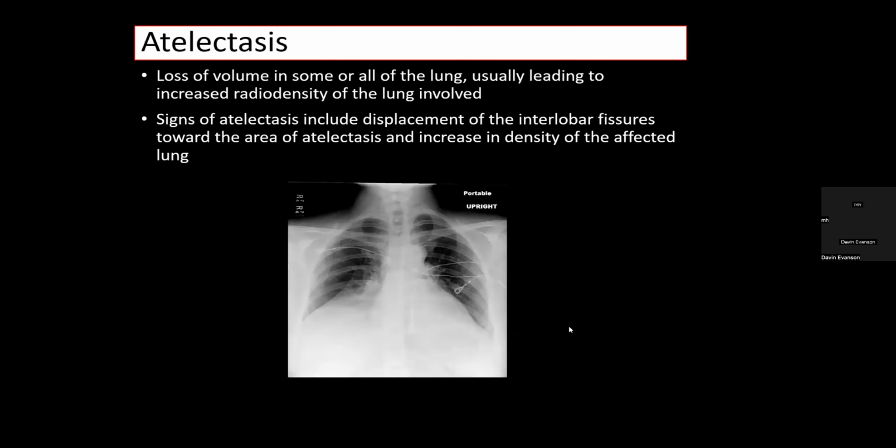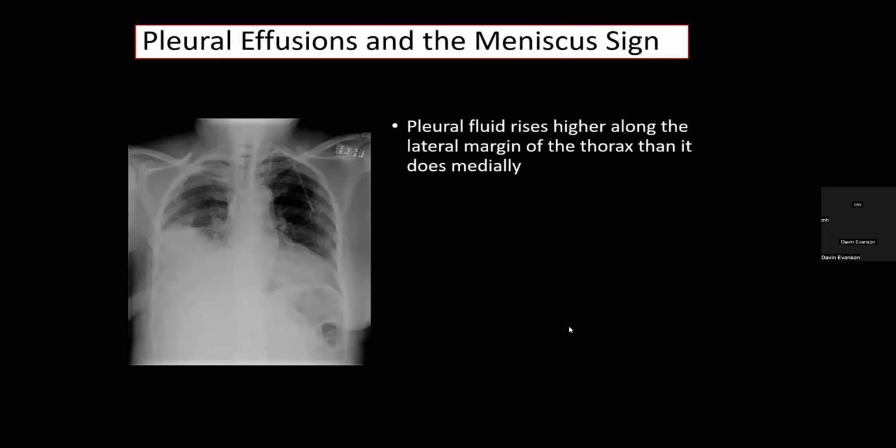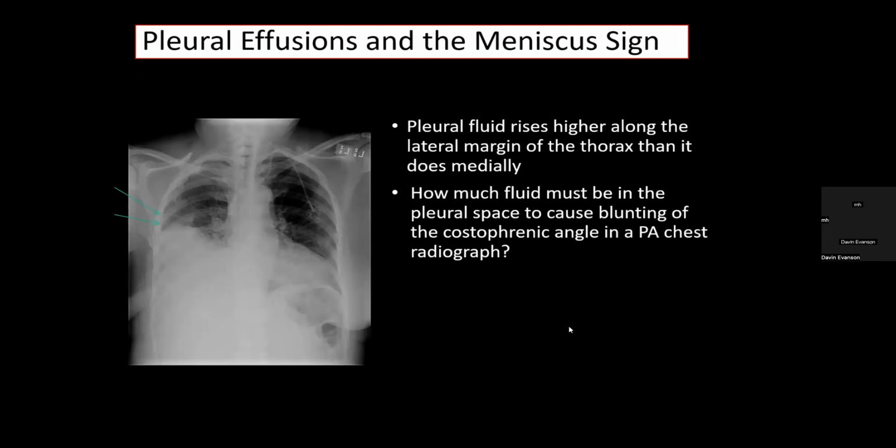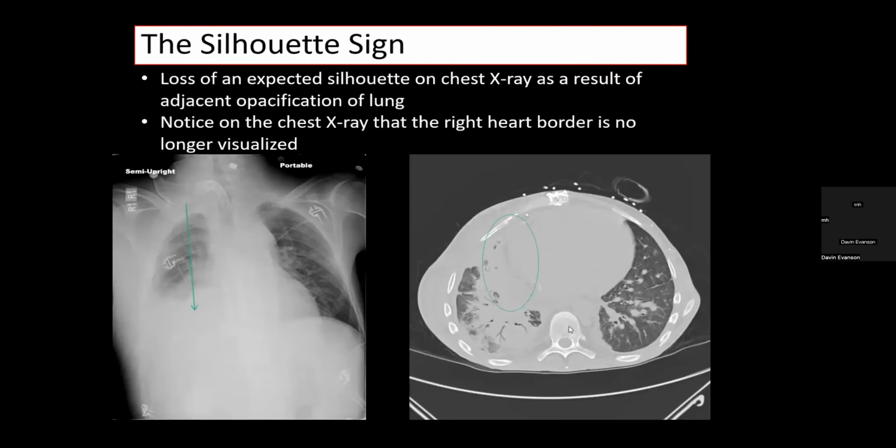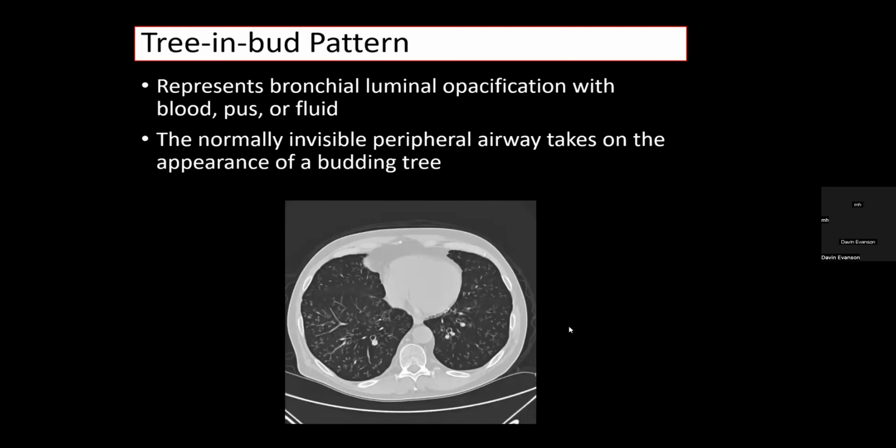Atelectasis is volume loss. Again, this is something we cover in the intro chest x-ray. 4 different types of atelectasis. Felson's does a great job if you have access to that book. Pleural effusions with the meniscus. Silhouette sign can help you tell what lung segment is affected.